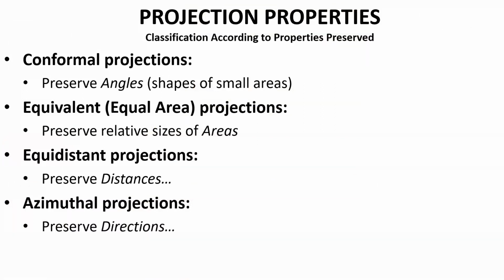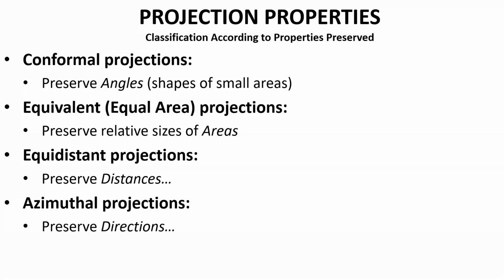So classifications of projections are based on the properties that are preserved. For example, a conformal projection preserves angles and shapes of small areas. The Mercator projection is a conformal projection, and here we are preserving those angles, especially for the shapes of small areas, and that is why the Mercator is useful for navigation up until the present.